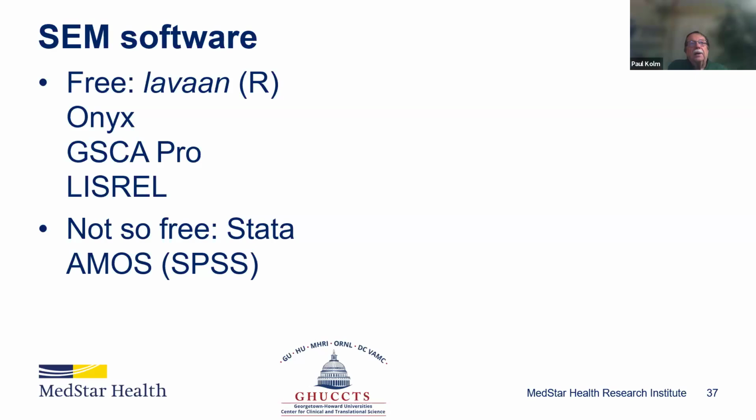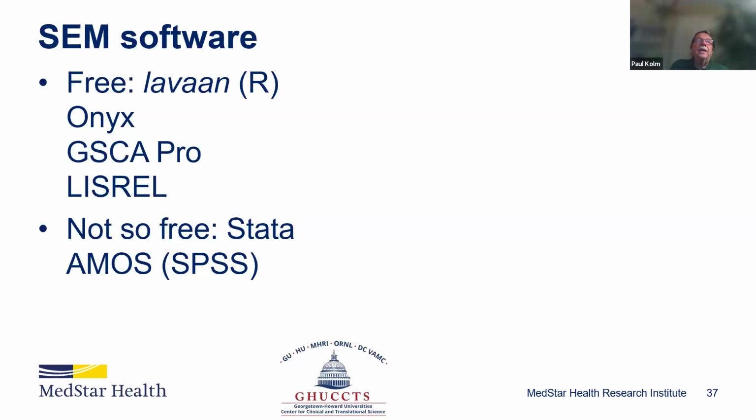So if you are so inclined to try SEM on your own, which is actually kind of fun to do, you can see if you can download some of the free software and see how it works.